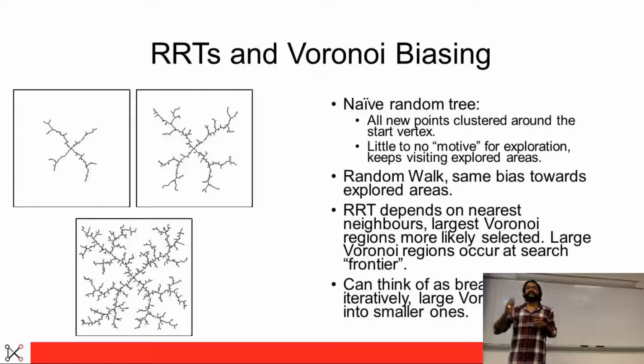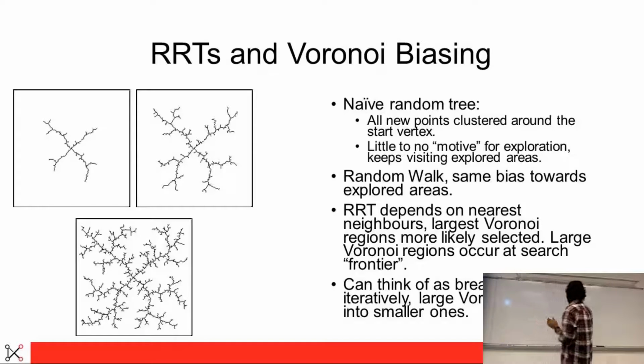So random walk basically is the algorithm which selects a certain path given a certain probability. So that's what random walk is. Now if you apply this concept to your planning, again the same problem.